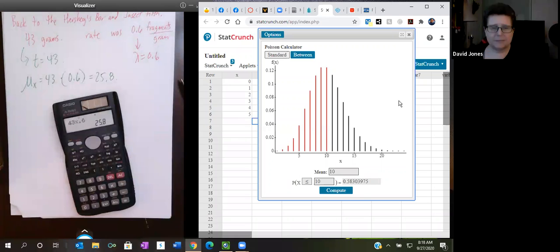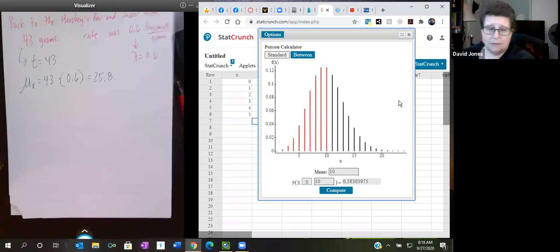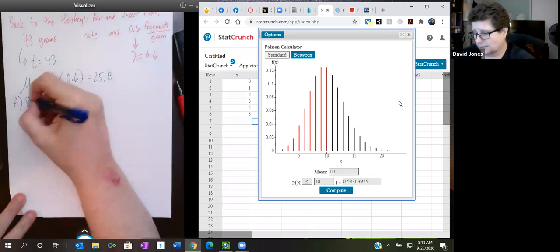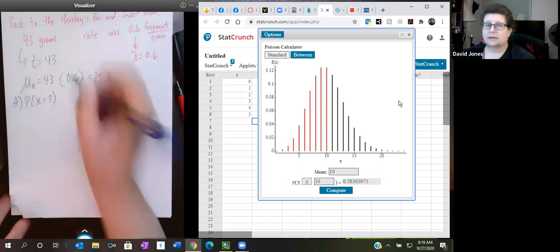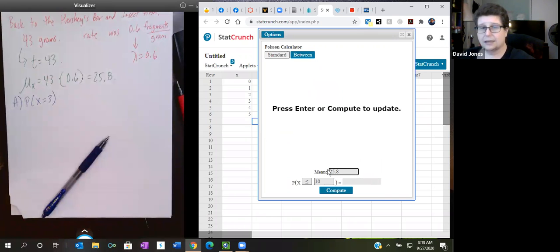And what kind of problems did we ask? I said, probability that we have exactly 3 parts. Well, I'm going to go in and enter my mean at 25.8, which means if we have a 43-gram chocolate bar, the average number of insect parts is 25.8.